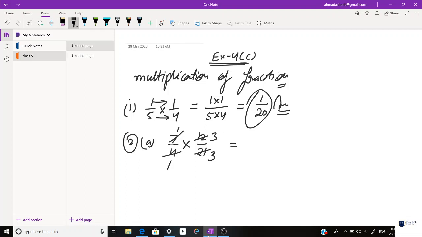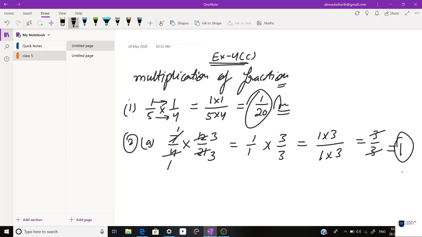So here we have got 1 upon 1, and here 3 upon 3. So when we multiply 1 upon 1 into 3 upon 1 into 3, that means 3 upon 3. When we have the same number in numerator and denominator, they also cancel each other and the answer is 1.